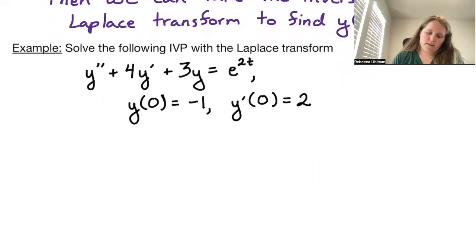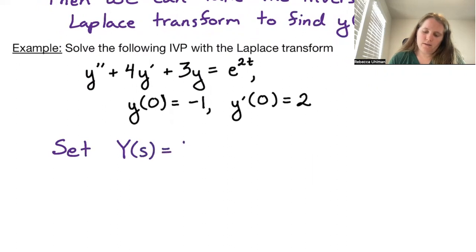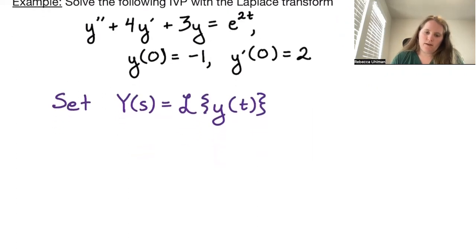So if we set capital Y of S to be the Laplace transform of y of t, then we have the Laplace transform of y prime of t.